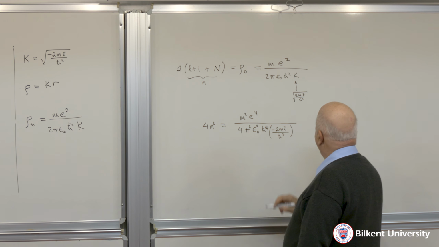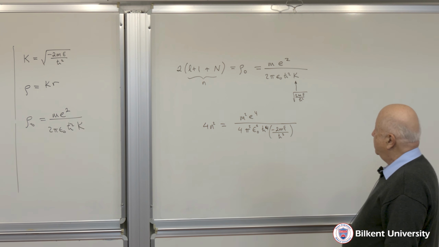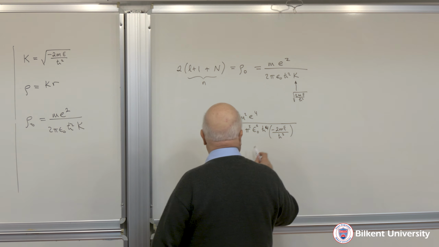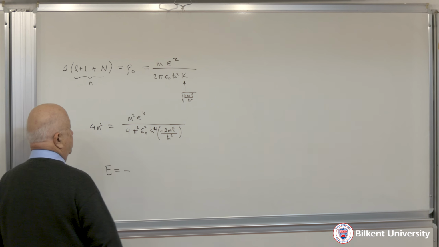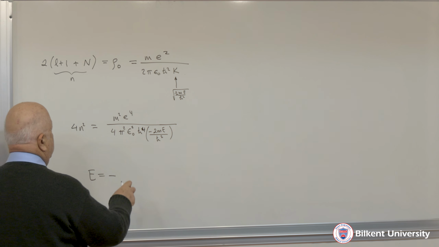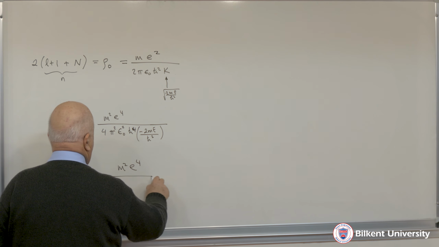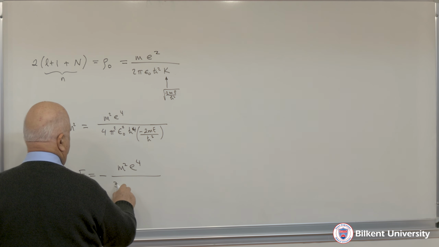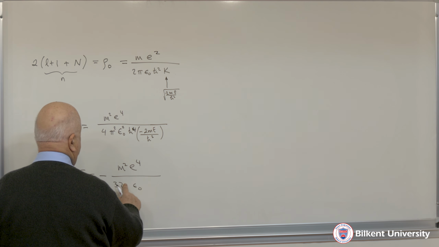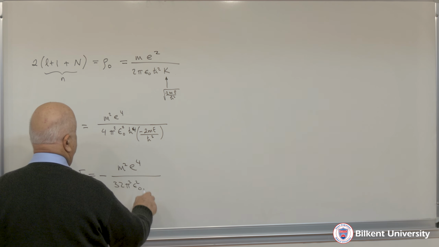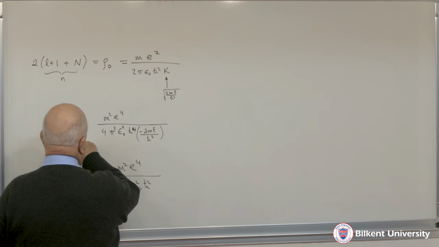Some stuff will cancel, but basically I'm going to get E is equal to minus, because of that minus sign, m e to the 4 over 32 pi squared epsilon 0 squared h bar squared n squared.